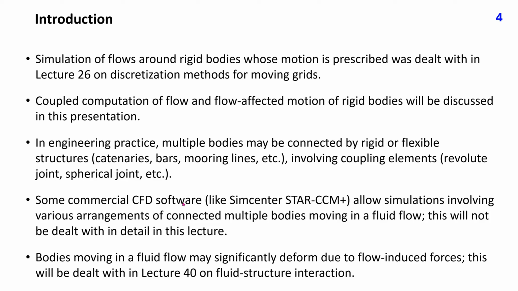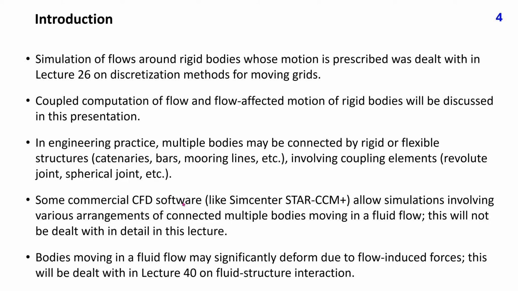Simulation of flows around rigid bodies whose motion is prescribed was dealt with in lecture 26 on discretization methods for moving grids. Coupled computation of flow and flow-affected motion of rigid bodies will be discussed in this presentation.